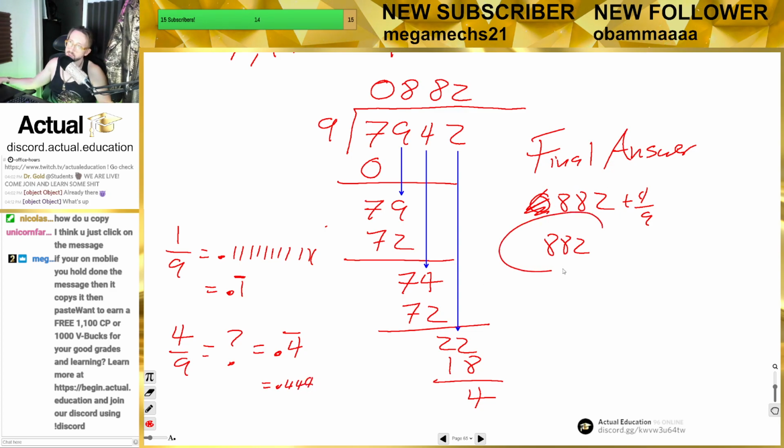So if you wanted to write this as a decimal, you could convert it to 882.4 repeating, or 882.44444. This is actually a cool thing about ninths. Anytime you have something divided by 9 as a decimal, it's just point whatever that number is, repeating. So, for instance, what would 7/9 be? 0.7 repeating. Good.